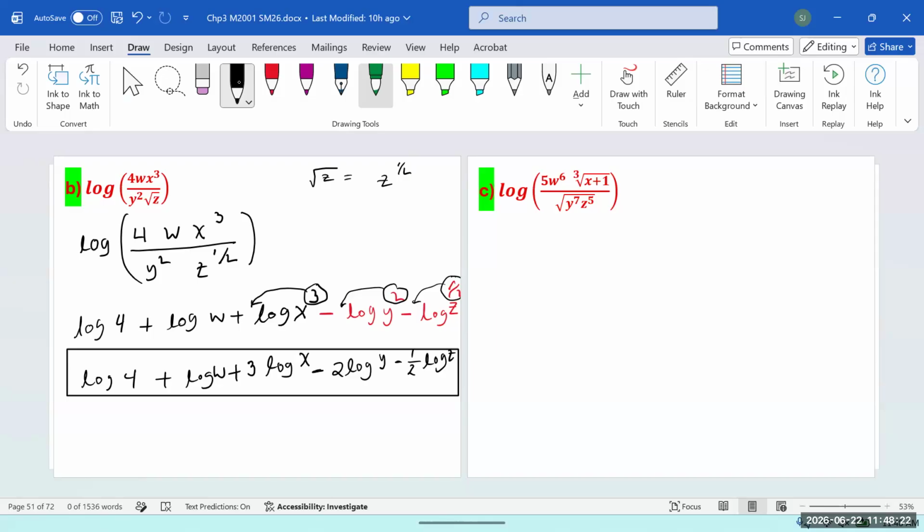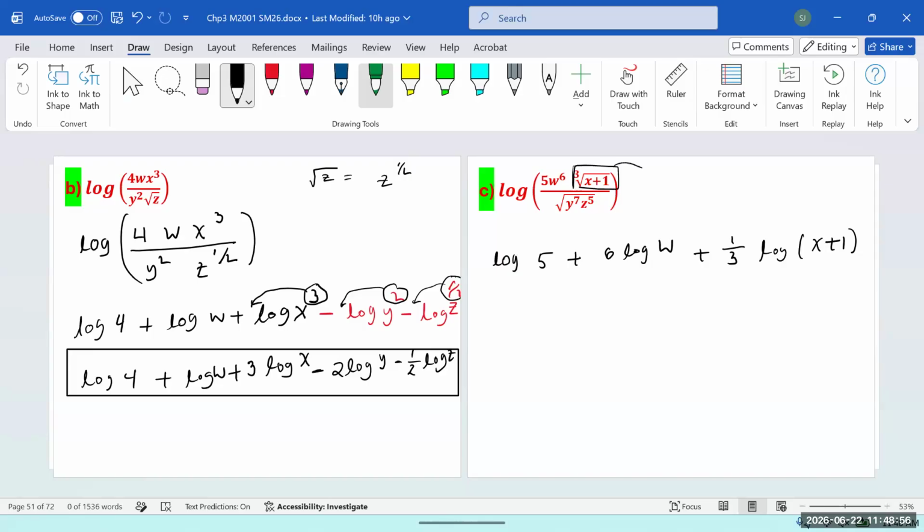Now, including Marco, who'd like to try the next one? Gabriela. Log 5, 6 log w, 1/3 log x plus 1.